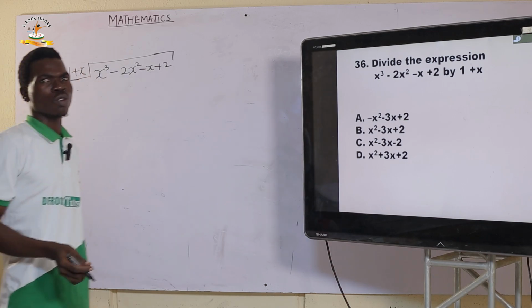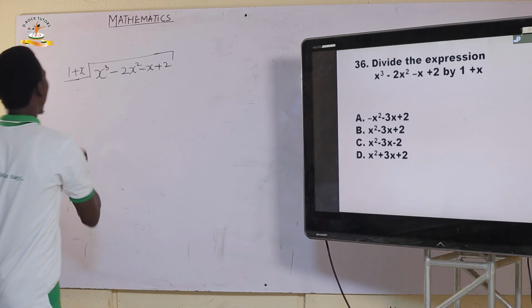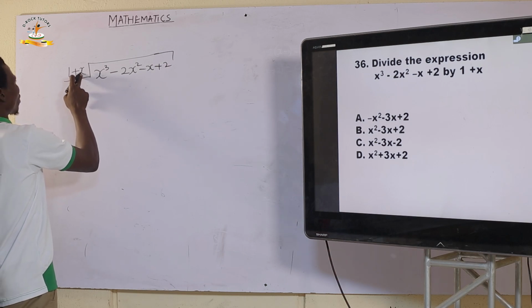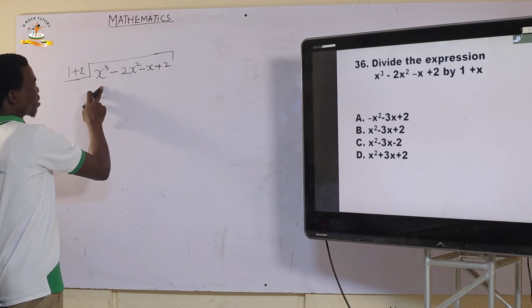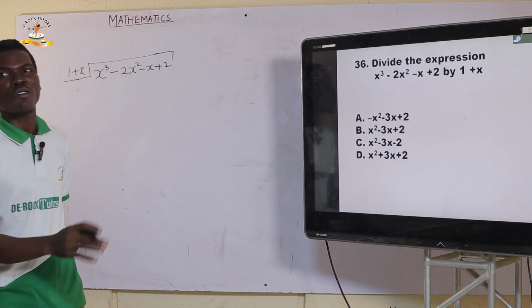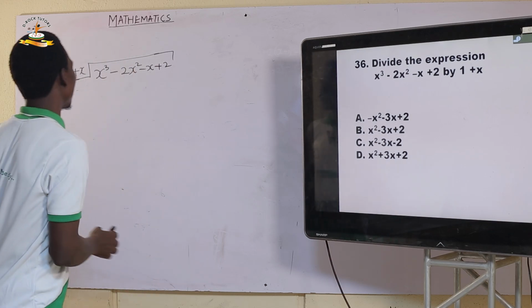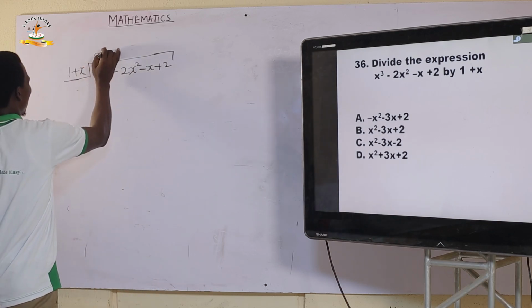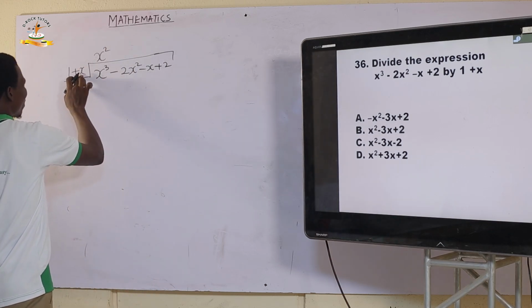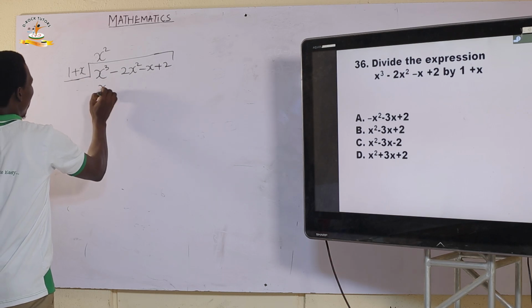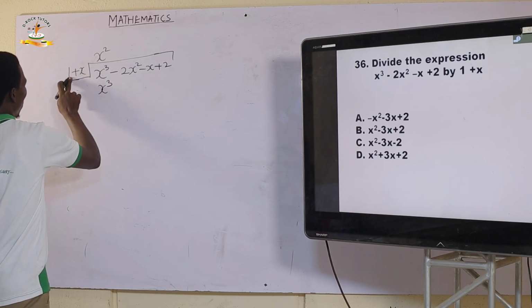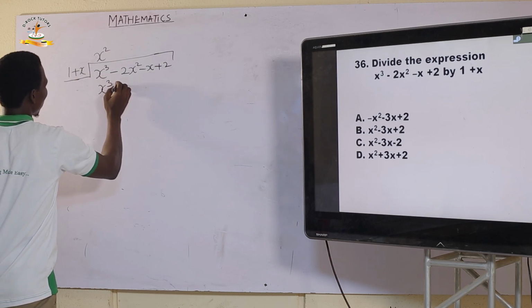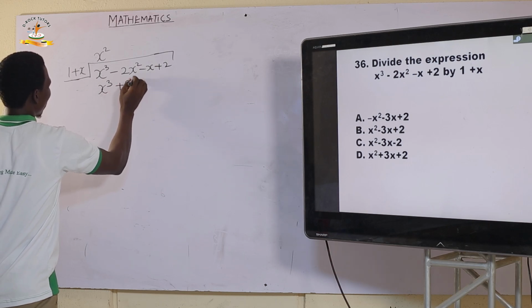The first thing is to look at what we can multiply by x to give us x cubed. That is going to be x squared. X squared multiplied by x gives you x cubed. X squared multiplied by 1 gives you x squared. So I write plus x squared.